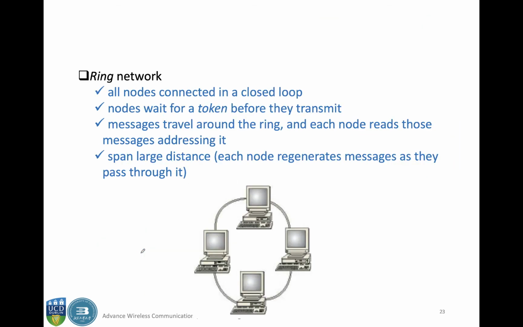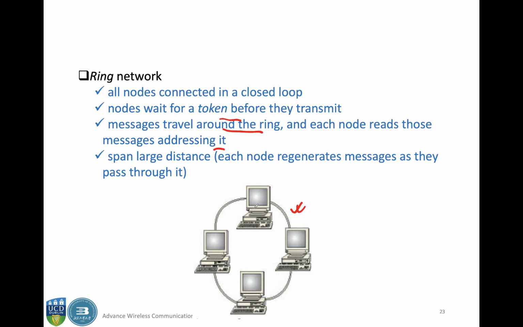Moving on, we have the ring topology. Again, it's very evident from the figure itself that you connect the nodes in a ring form, and messages travel around the ring, and each node reads those messages addressed to it, and the nodes wait for a token before they transmit.